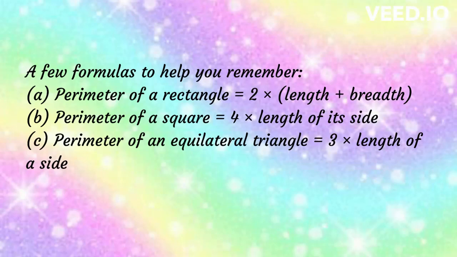Perimeter of a rectangle will be 2 into length plus breadth. Perimeter of a square will be 4 into length of one of its sides, and the perimeter of an equilateral triangle will be 3 into length of a side.